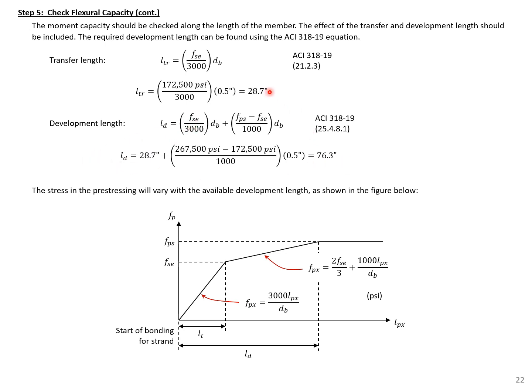You can see we get these values here, a required development length of 76.3 and a required transfer length of 28.7 inches. If we have an available development length, at the section where we're checking the moment capacity, less than the required, then we're going to have a smaller stress in the pre-stressing. And we can calculate that stress in the pre-stressing using these equations here.